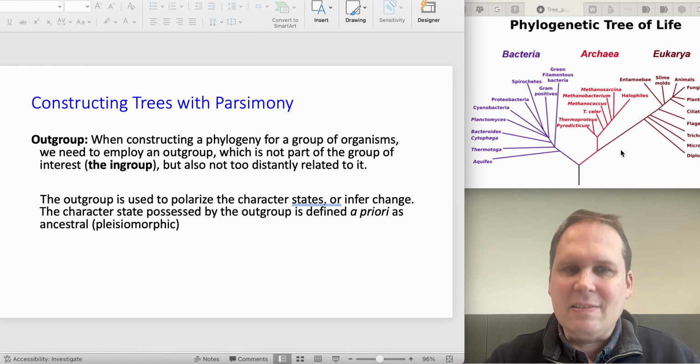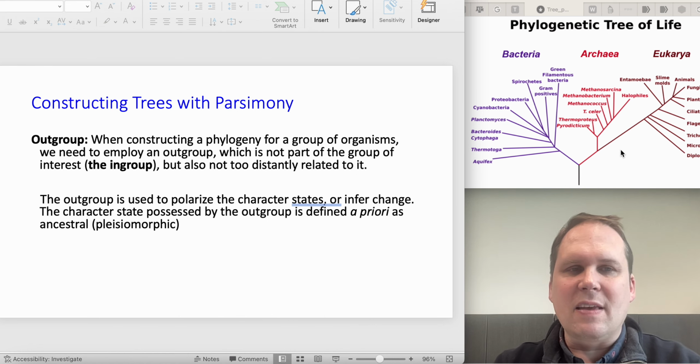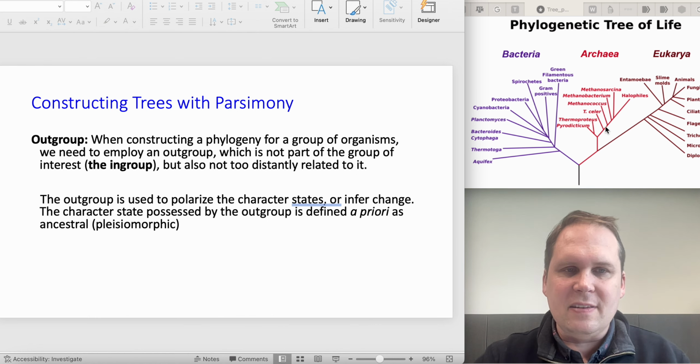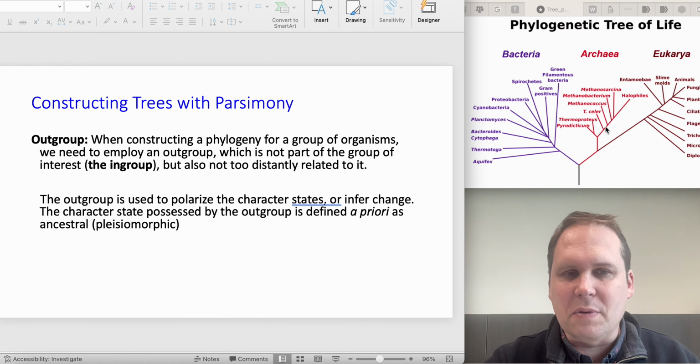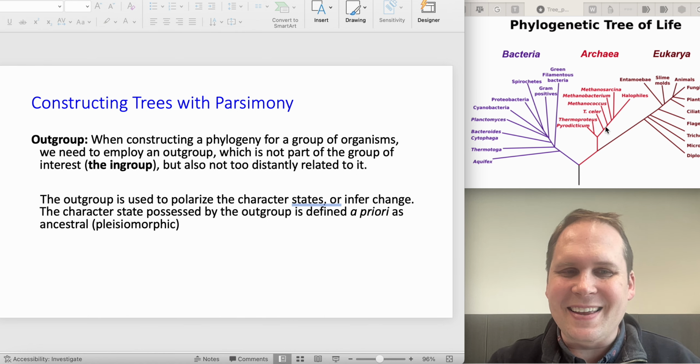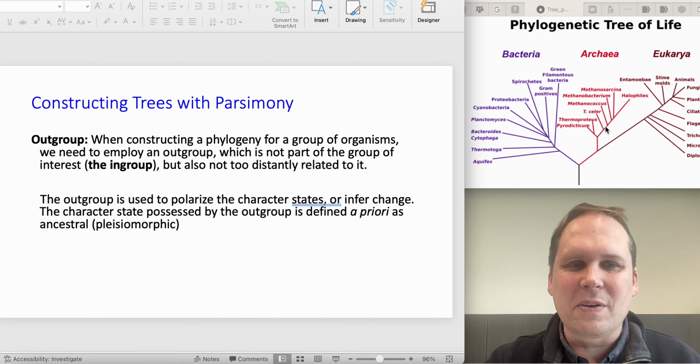So you can basically mentally rearrange these trees with any one of these nodes as the potential root, unless you have good statistical basis for assigning a root to a tree. This is a mistake that a lot of people, even scientists working in fields where they should know better, will make. Yeah, so it's worth paying attention.